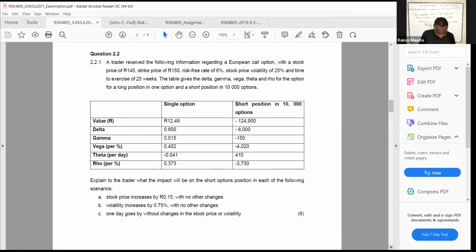Question 2.2, they give us that information.